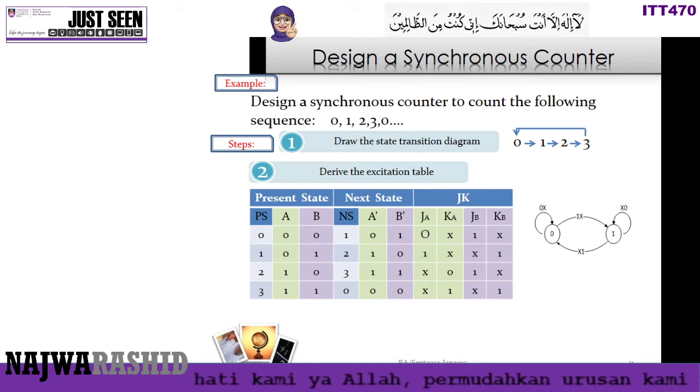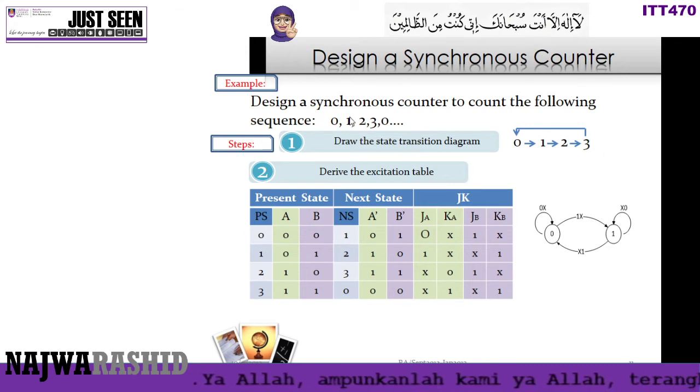Based on this example, design a synchronous counter to count the following sequence: 0, 1, 2, 3, and then 0 again. The first step is to draw the transition diagram. Your transition diagram must be based on these numbers: you have 0, 1, 2, 3.